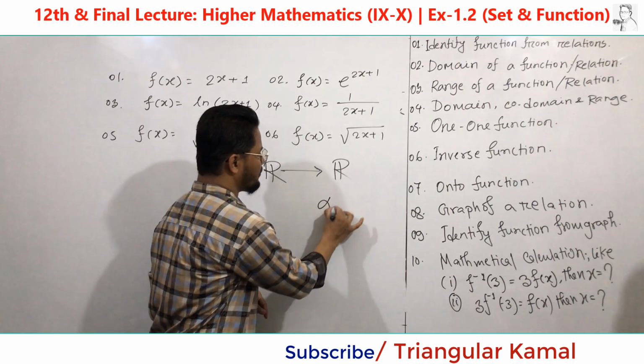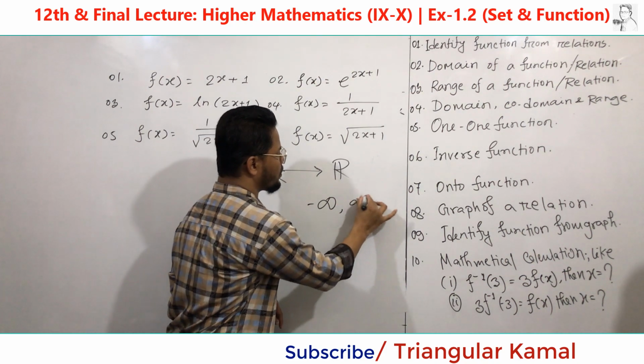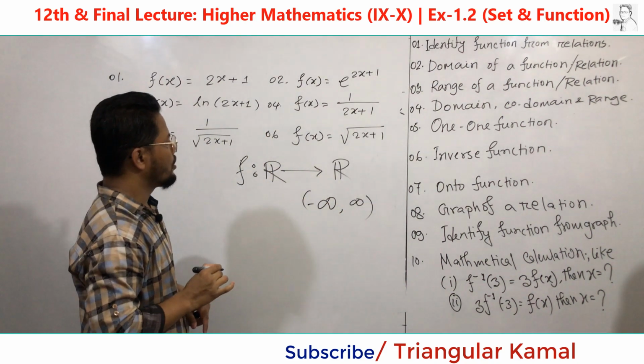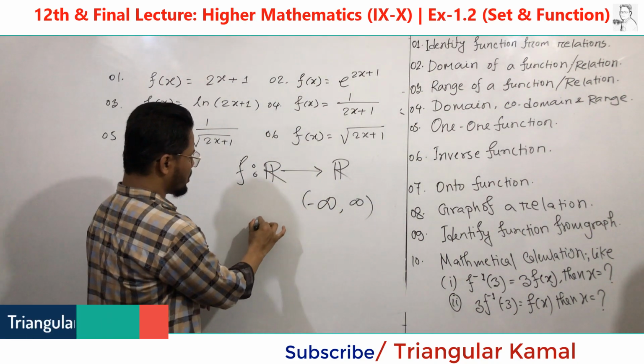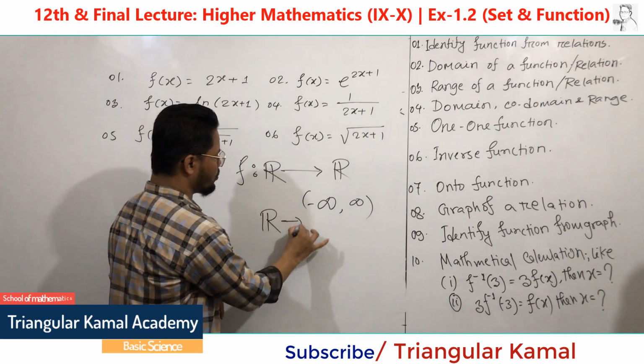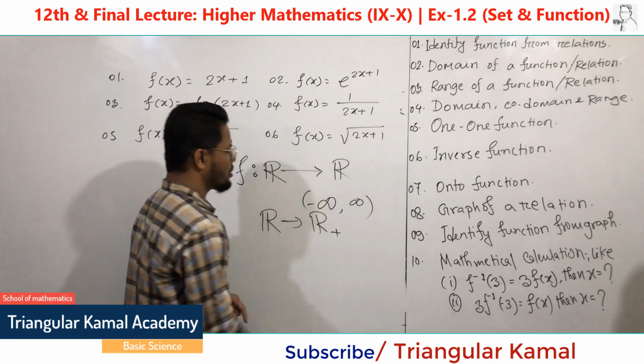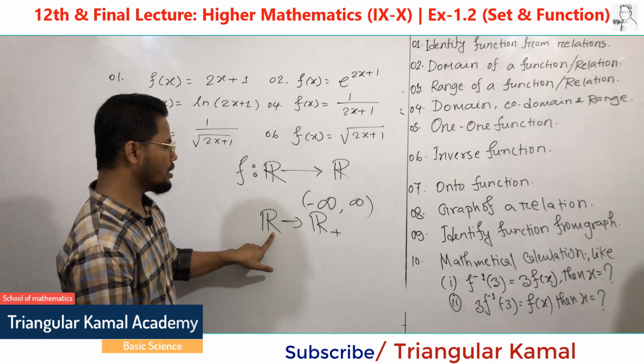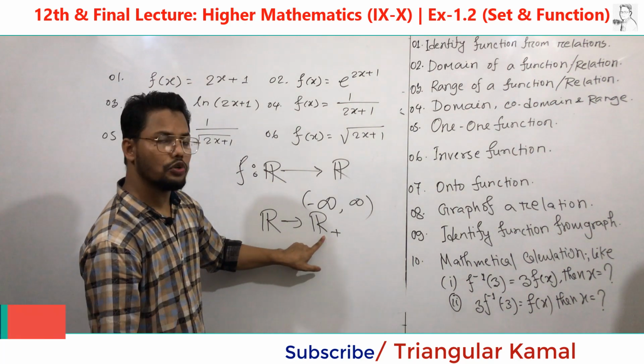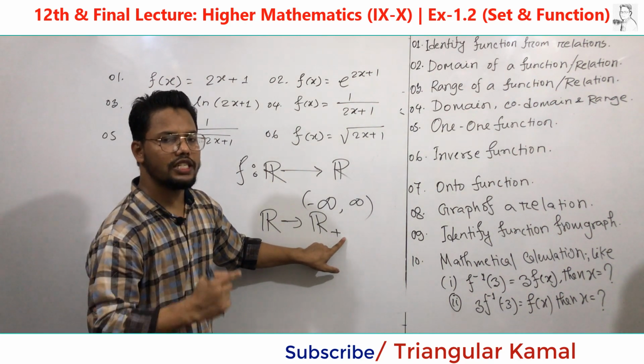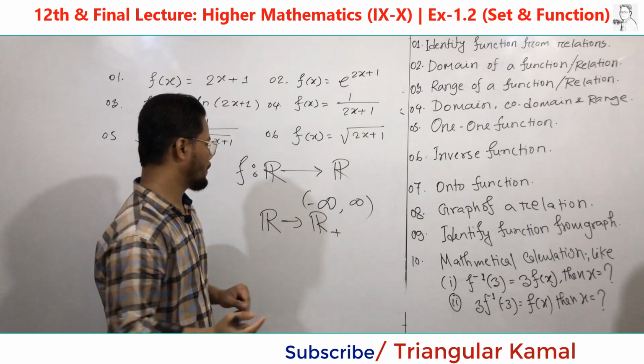Sometimes it is also identified as minus infinity to plus infinity. Or sometimes you can see here R to R plus, which indicates the domain is the real numbers and the codomain is the positive side of the real numbers.